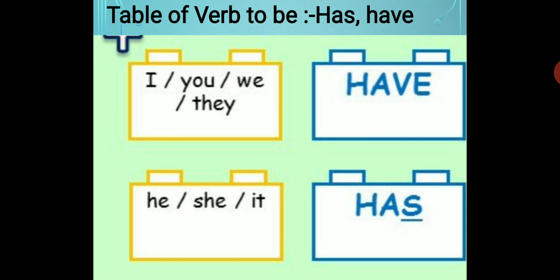Have is used with I, you, we and they, means plural form of noun and pronoun, we use have. And with singular form of noun and pronoun, means he, she, it, we use has.